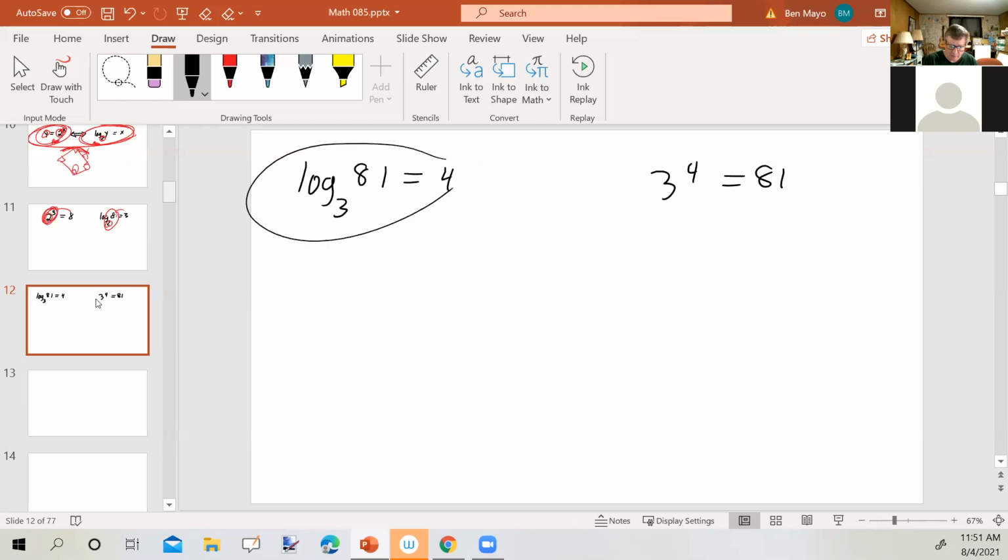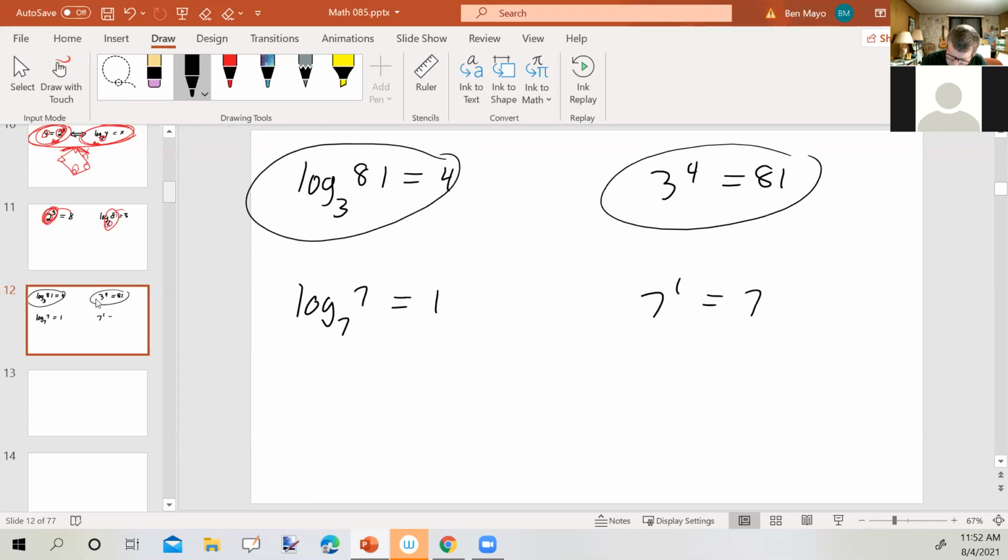So logarithmic equation, exponential equation. Base is the same, players change places. Okay, let's take a look at another example. Log base 7 of 7 equals 1. So 7 to the 1 power equals 7. Base is the same, players change places.